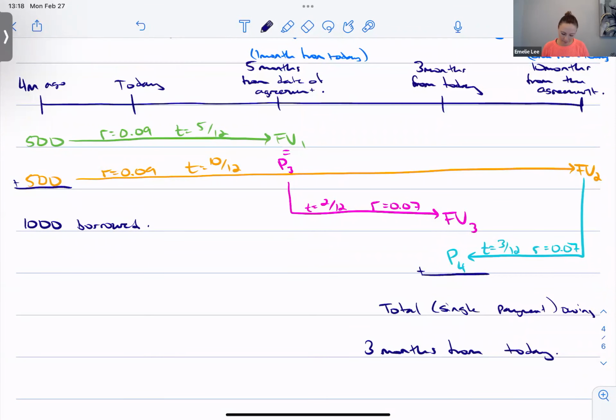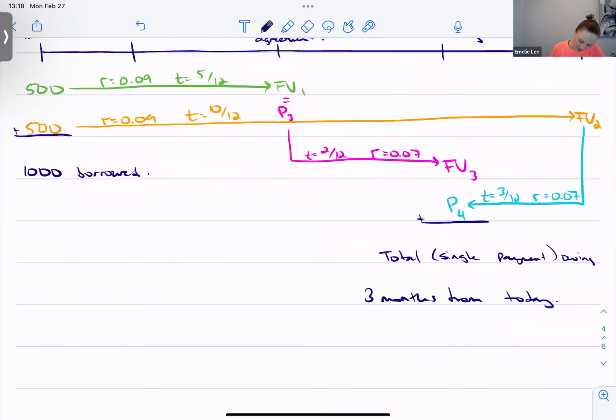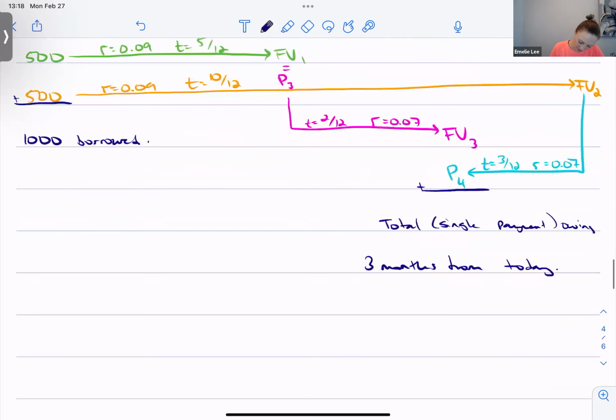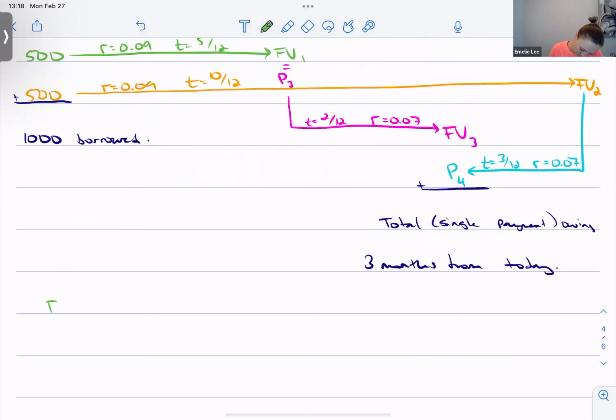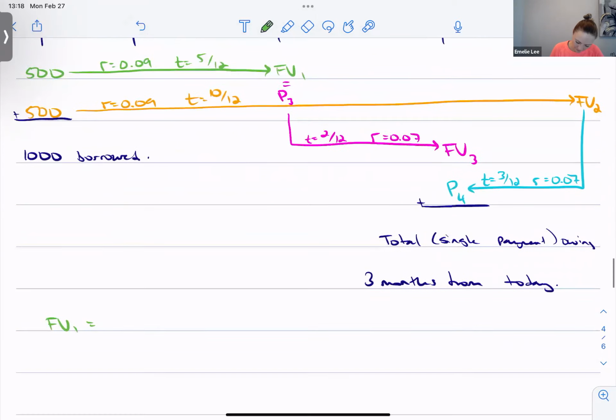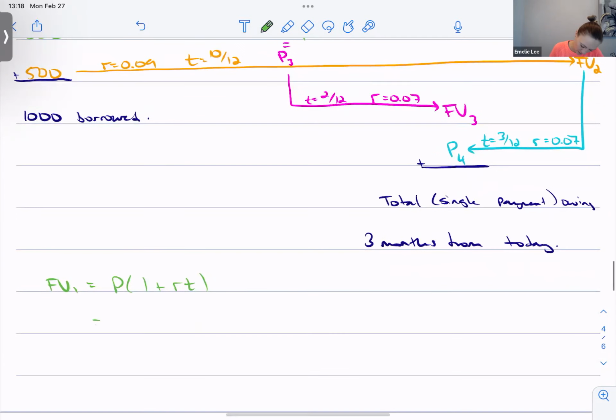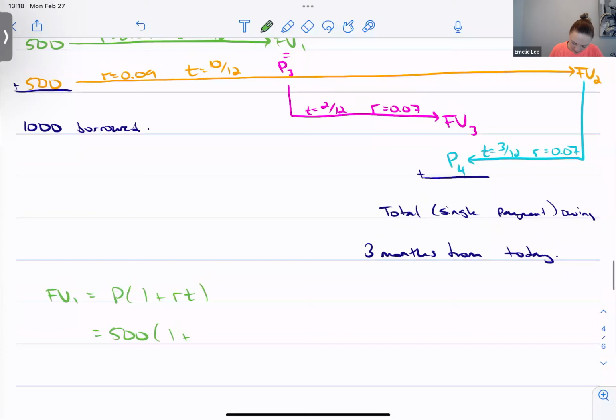Okie dokie. Future value 1, and I should use the color scheme, is P times 1 plus R times T. The principal amount that she got was $500, and the rate 1 plus 0.09 times T, which is 10/12.